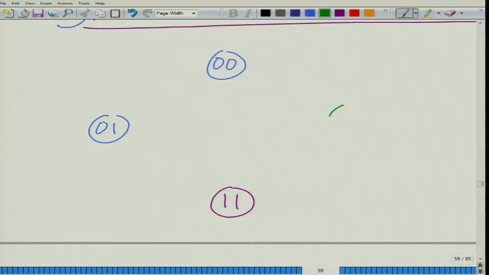Just to make it clear, let us write them in different colors so that it becomes additionally clear. So there is a state 0 0, there is a state 0 1, there is a state 1 0, there is a state 1 1.